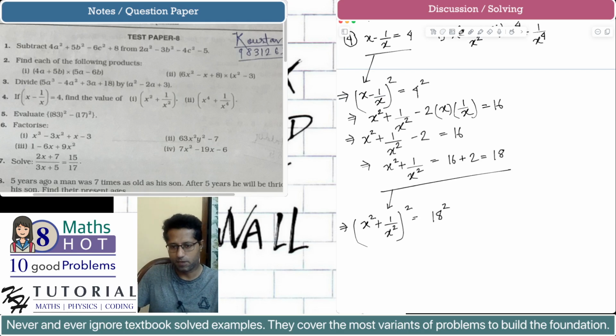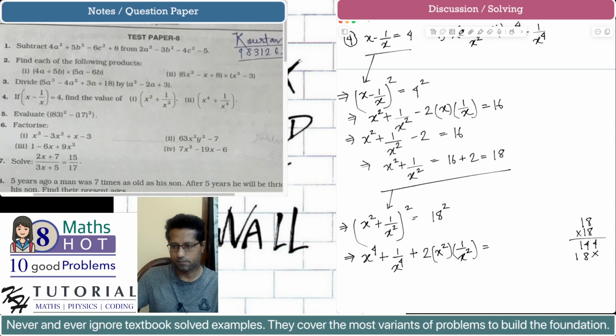Now if you apply the a plus b whole square formula on the LHS, you get a square, square of x square will be x to the power 4, and square of 1 by x square will be 1 by x to the power 4, and we have plus 2ab where a is x square and b is 1 by x square. And what is 18 square? Okay, I have to quickly calculate what is 18 square. 324.